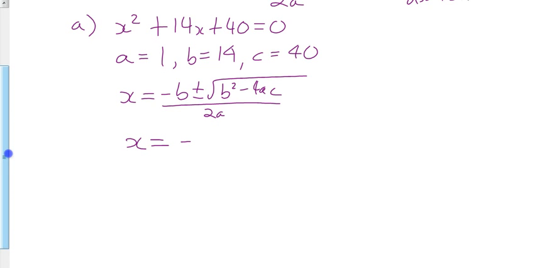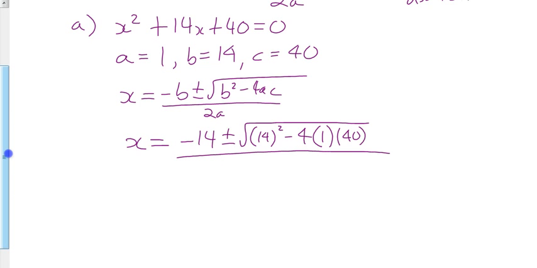Okay, x is equal to negative b, so negative 14, plus or minus the square root of 14 squared minus 4 times 1 times 40, all over 2 times 1.